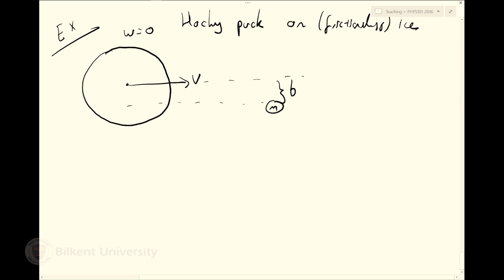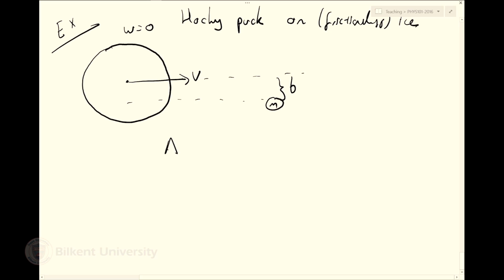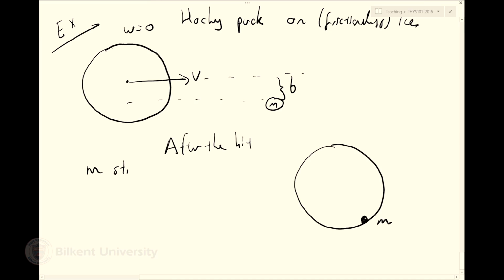So after the hit, m sticks to the puck. So I'd like to find out two things. First is v prime. The other is omega prime.